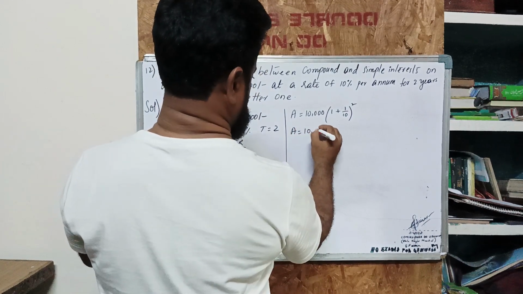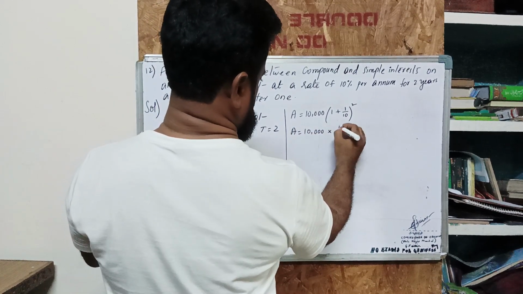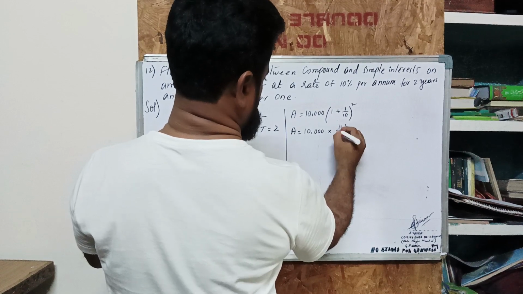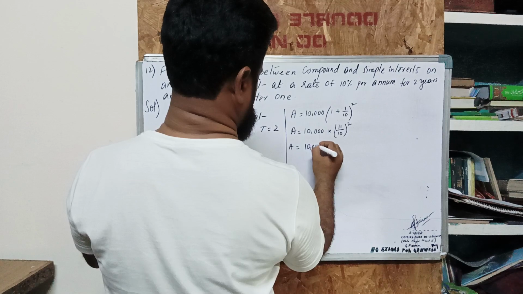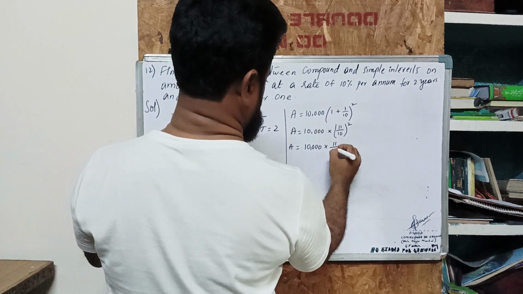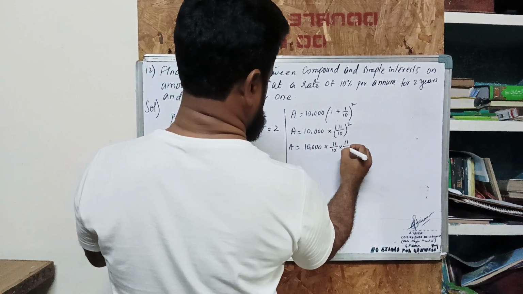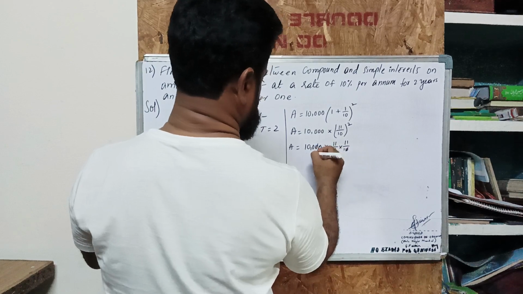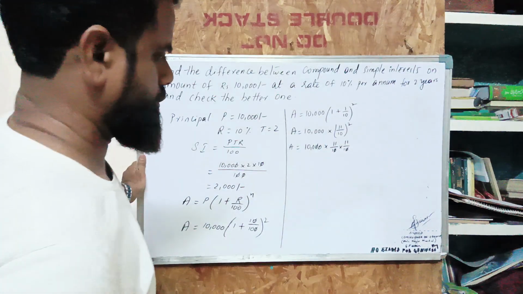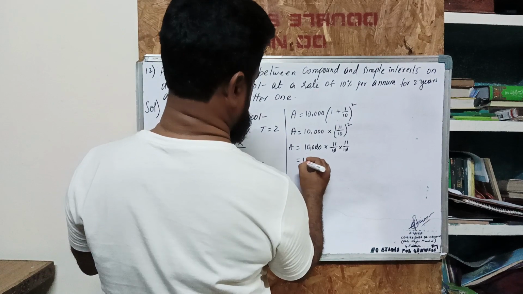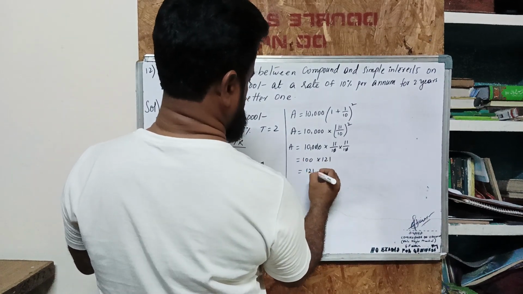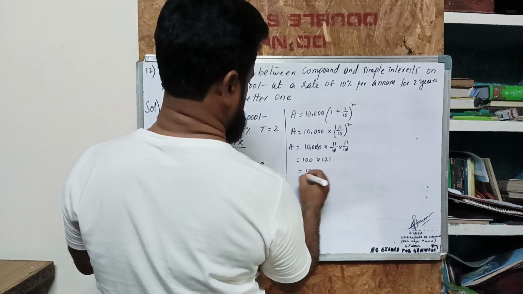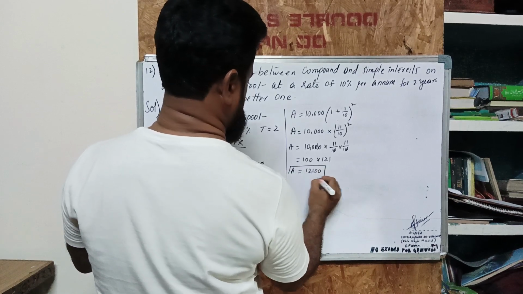So this one is 11 by 10 whole square. So 10,000 into 11 by 10 into 11 by 10, zeros cancel. So this is coming as 100 into 121. So that means 12,100.